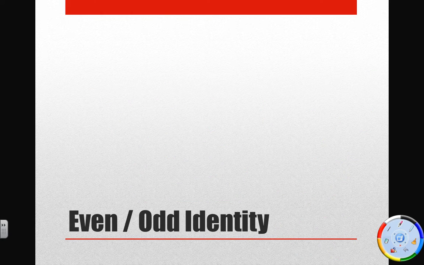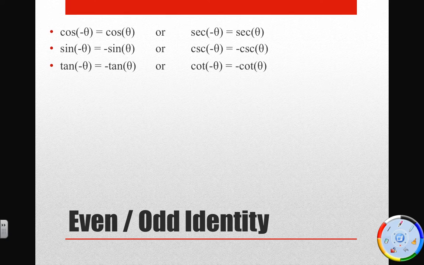Okay. Here's a new identity for us, and I'm just going to briefly go over this one here. These are the even and odd identities. There are 3, basically just mirrored for cosine and secant and sine and cosecant. But what you're going to notice is if I said cosine of the negative angle is actually the same thing as the cosine of the positive angle.